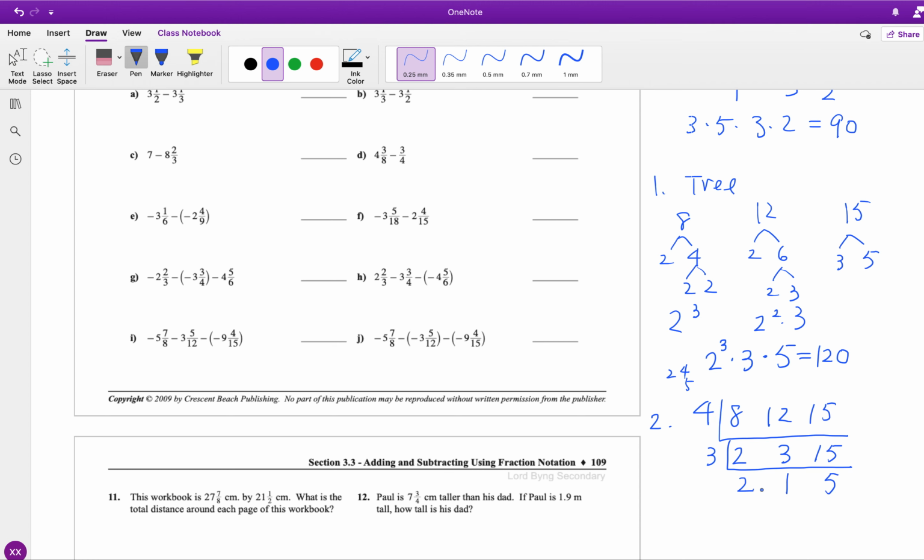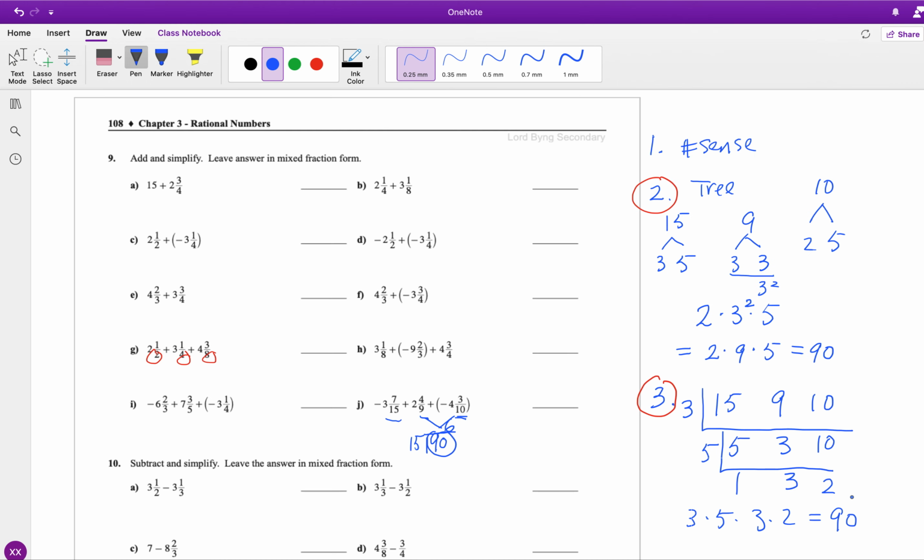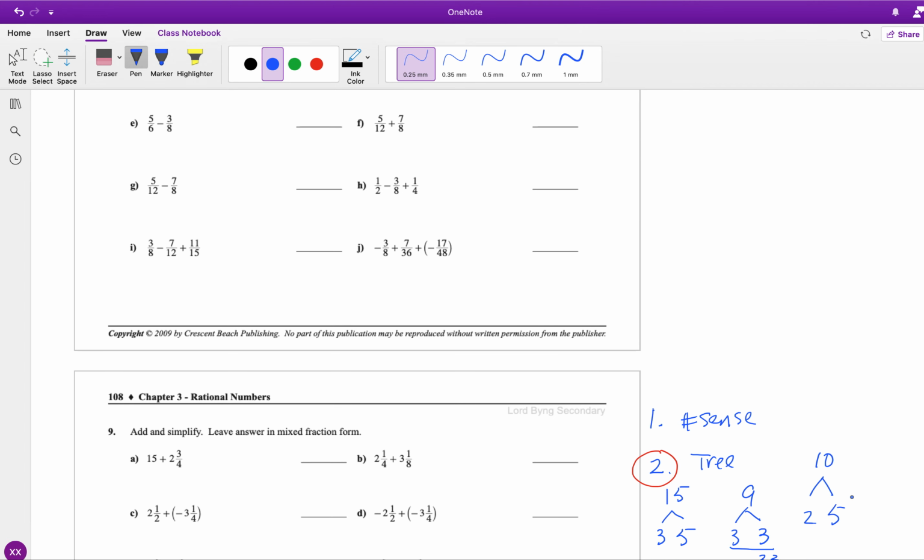So then again, multiply all these numbers together, 4 multiplied by 3 multiplied by 2 multiplied by 1 multiplied by 5. That is again 120.